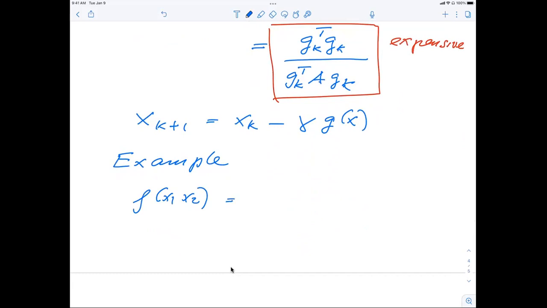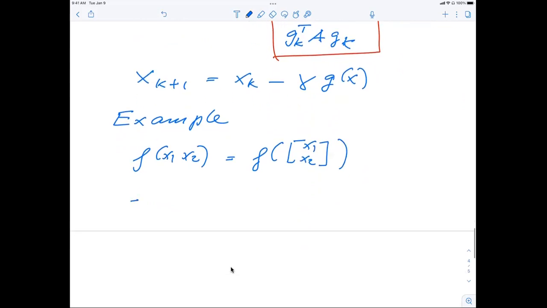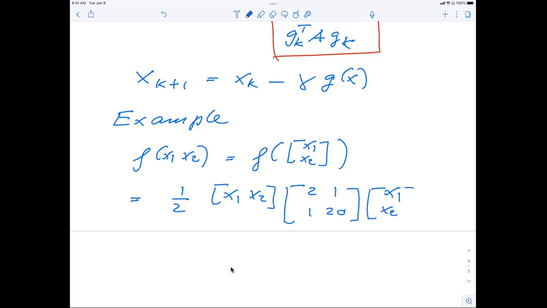So this is going to be f, and it's a function of a vector with x1 and x2. I can rewrite this one in terms of a vector, which is now given by x1, x2. So this is the transposed. And then I'm just setting up a matrix, which is given by 2, 1, and 20 here. And then it's multiplied with a vector x1, x2.